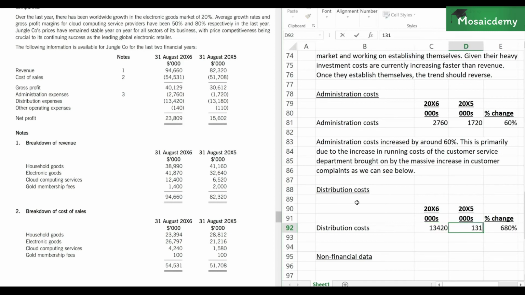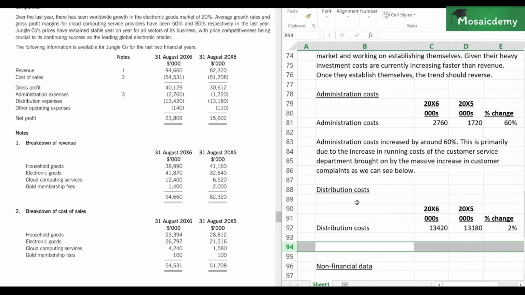13420 and 13180. So 2% increase, not much. We can explain that they took things in-house. Usually you expect the cost to go down, but due to the late deliveries, they'll have to deal with the late deliveries and everything, so that might cause the cost to actually go up, right? The distribution costs have actually increased by 2%.